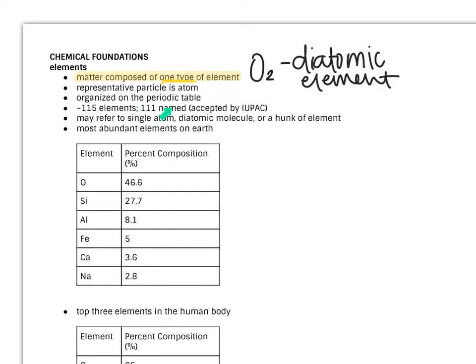So they don't even name some of them because they're like, hey, they're not found in nature. You just made them up in a laboratory. Good for you, but we're not even going to name it.